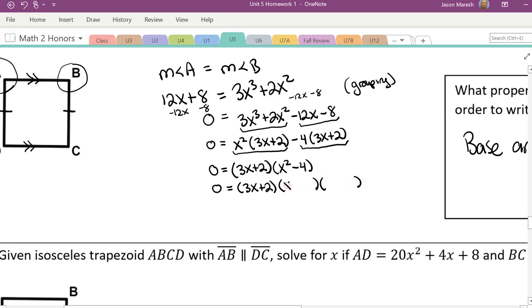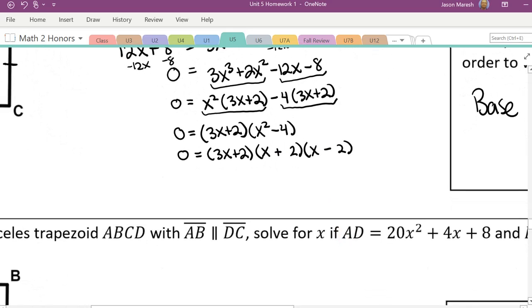X squared is x times x. 4 is 2 times 2. One of these is going to have a plus sign between, one's going to have a minus sign between. I have three factors, so I get three equations and three answers. So set each factor equal to 0 and solve.